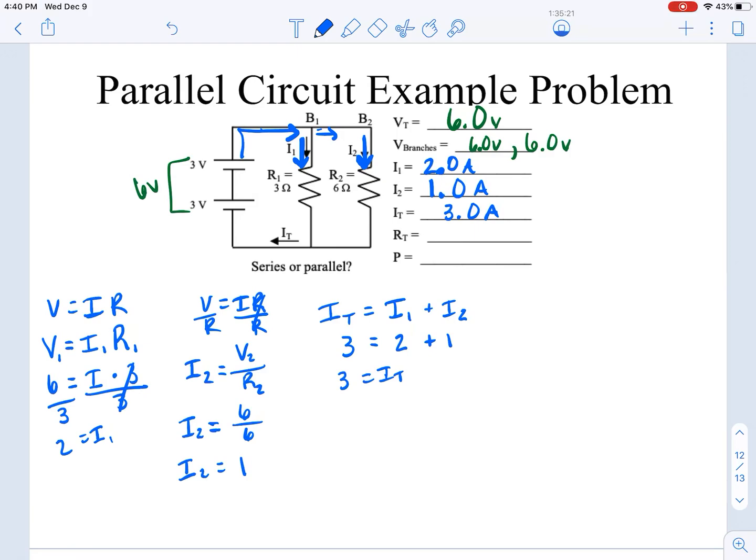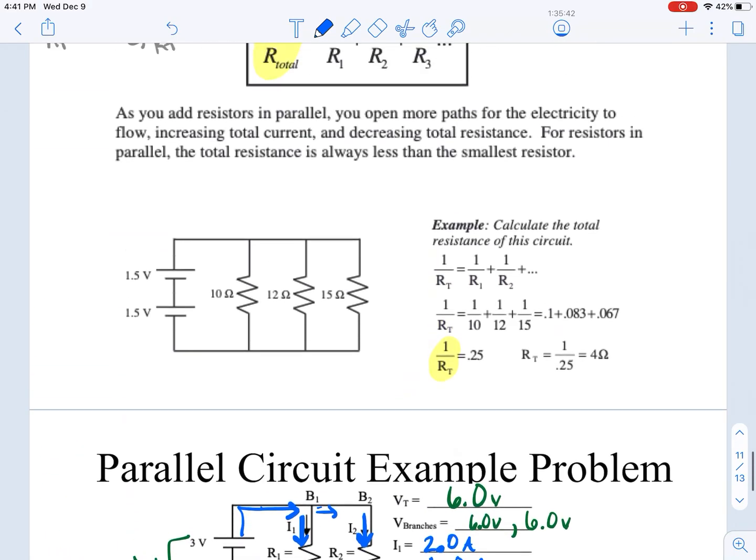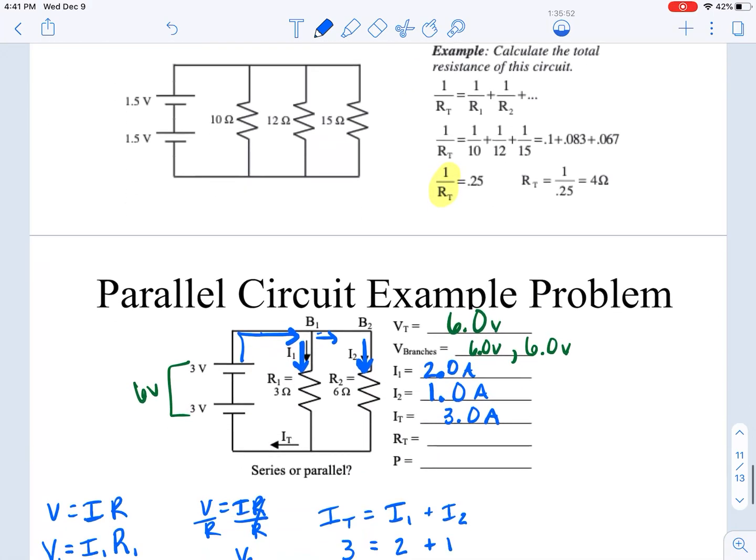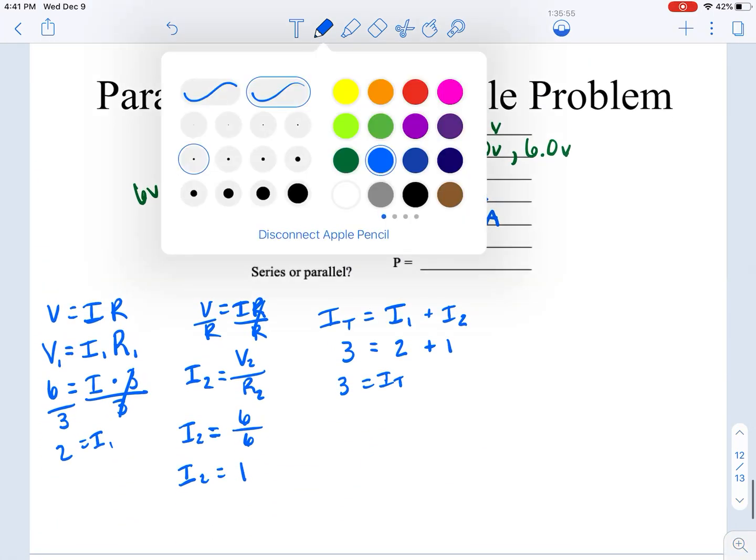Now, let's go ahead and pause for a moment and let's talk about this current just a little bit longer. Oh, no, wait, just kidding. I'm going to go ahead and do my resistance because I'm going to need my value for that. Now, in order for me to get my total resistance, I'm going to use the equation that we were given in the notes for parallel circuits. So total resistance is 1 over RT equals 1 over R1 plus 1 over R2.